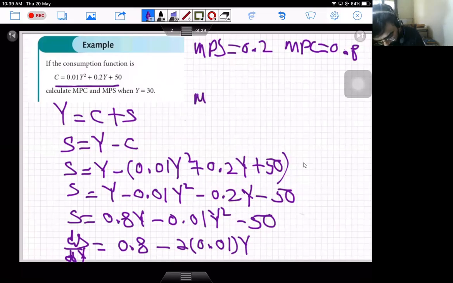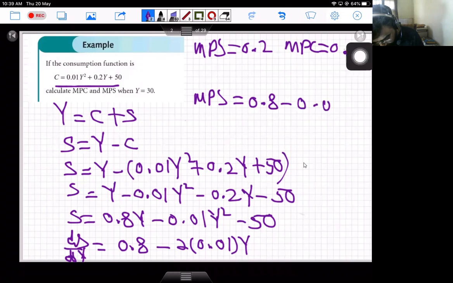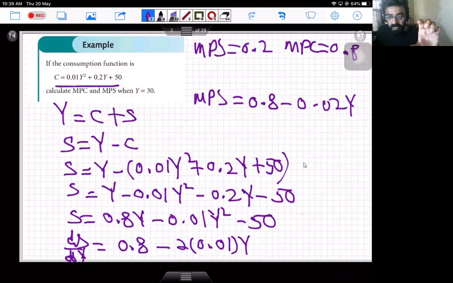So the MPS function, which is a linear function, is 0.8 minus 0.02 times Y. We need to find the value of MPS when the level of income is equal to 30.